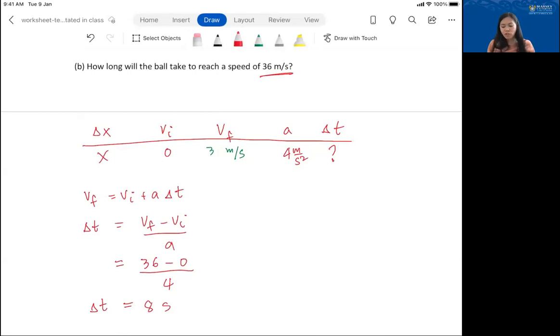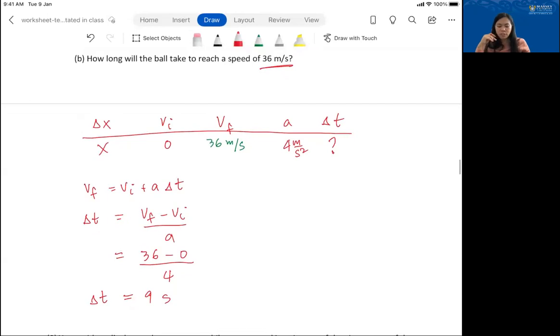So your VF should be 36 meters per second, which is what's given in the problem. Because otherwise we'll just get the time from the previous question. So the time it takes to reach a final speed of 36 meters per second is 9 seconds.